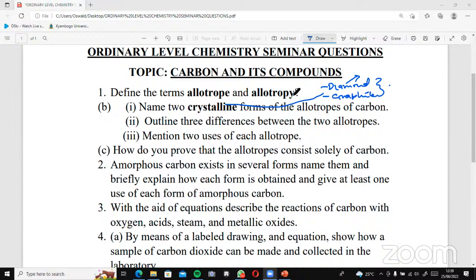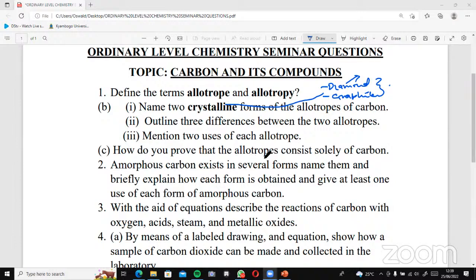So diamond does not conduct electricity while graphite conducts electricity. And we say that graphite conducts electricity because it contains free and mobile electrons, whereas diamond does not contain those free and mobile electrons. Okay, let's move to the third part.